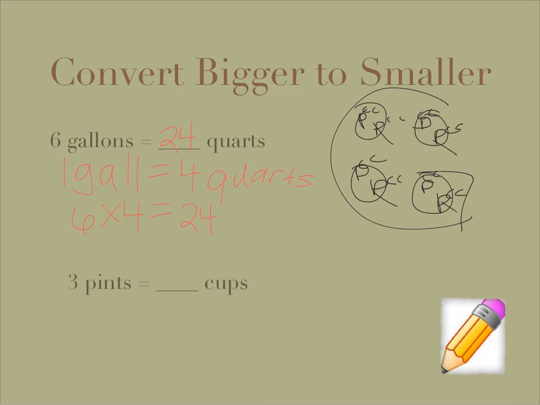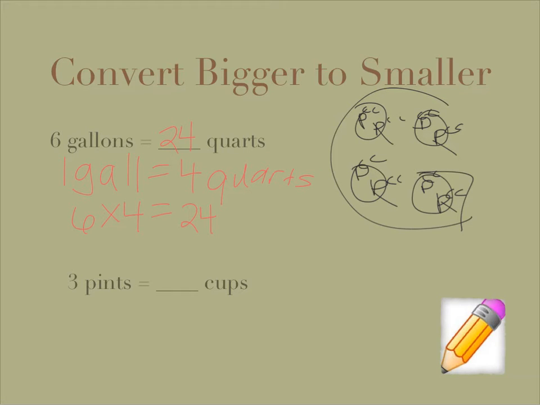So that means that this King G right here, I have 6 of them. How many quarts will that be? The way that I count this is I say to myself, okay, in 1 gallon, I have 1, 2, 3, 4 quarts. So 4 of those multiplied by 6 gives me 24. It's just a little different way of looking at it. Let's try it with the next problem.